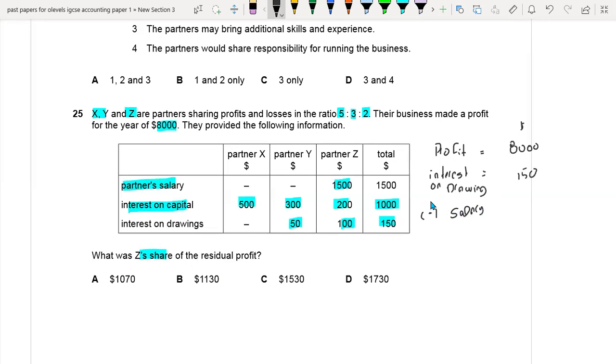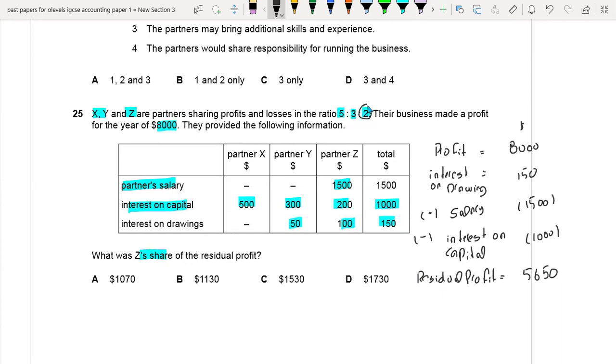Salary is 1,500, and deduct the interest on capital. The total interest on capital is 1000 for all partners. So this will be giving us the residual profit, which is 5650. So what is the share of Z?